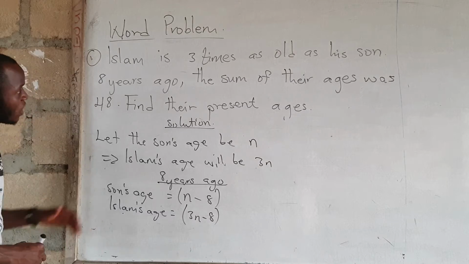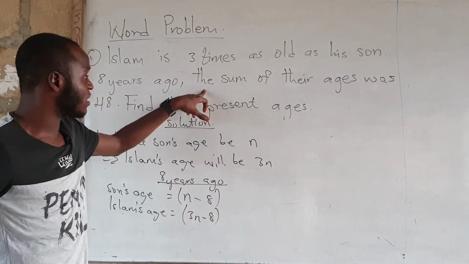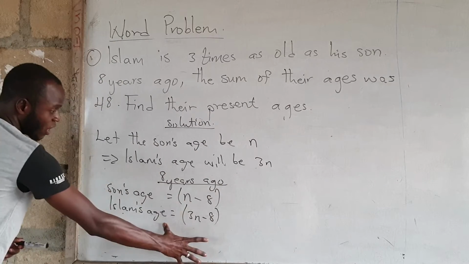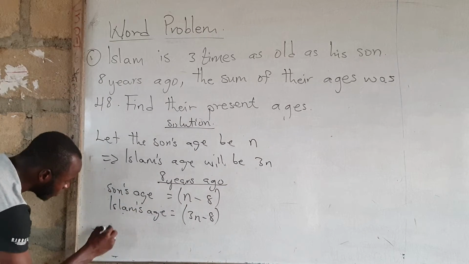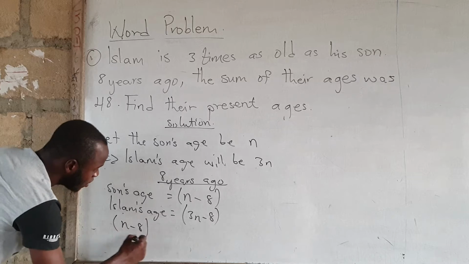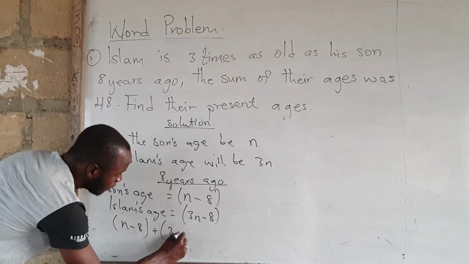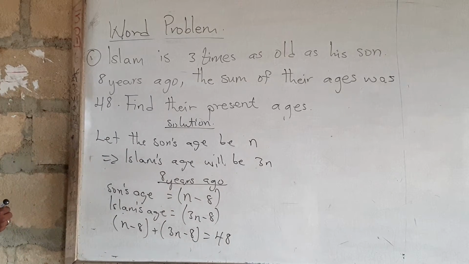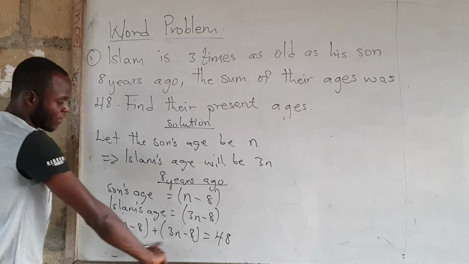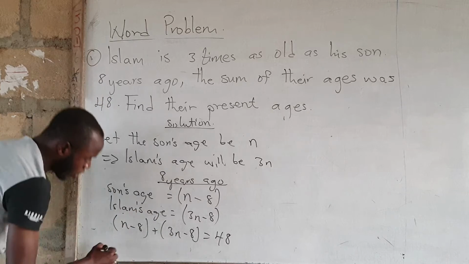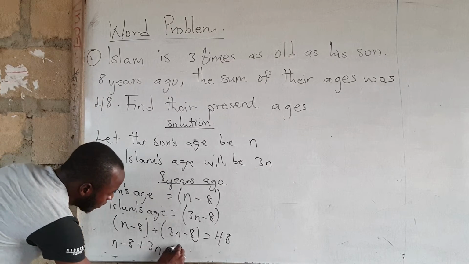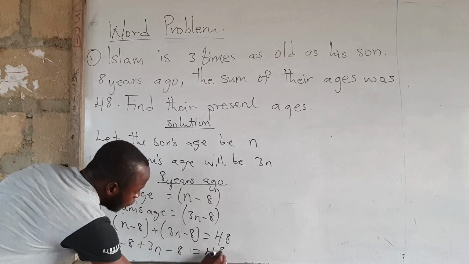Now the next thing you have to do is to read, continue what he said. The sum of their ages was 48. So 8 years ago, this expression that we have, when you sum them, which is n minus 8 plus 3n minus 8, you should get 48. So if 8 years ago the sum of their ages is 48, when you expand the bracket, you have n minus 8 plus 3n minus 8, which will give you 48.